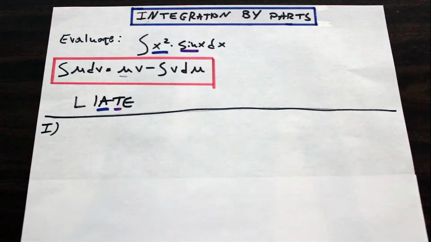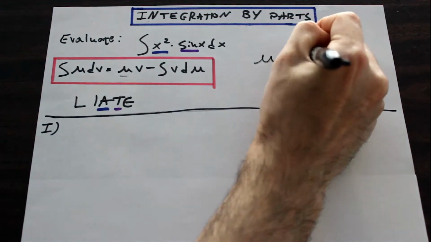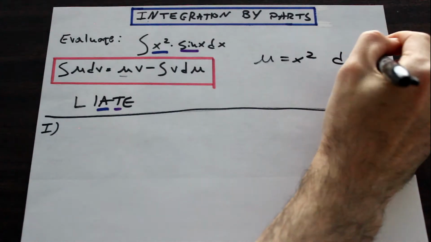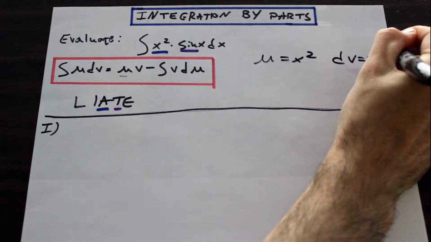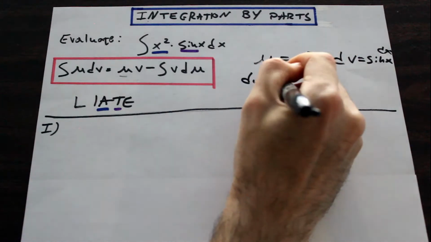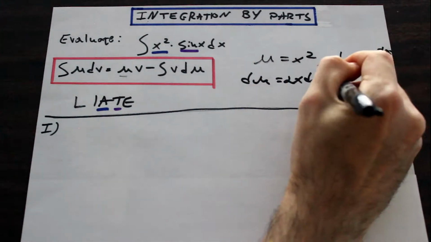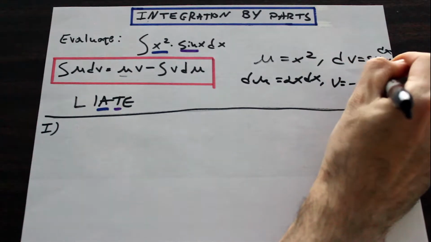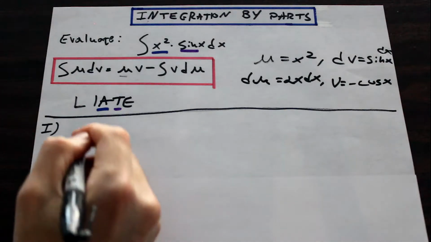So our u is going to be x squared. Our dv is going to be sine x dx. Our du is going to be 2x dx, and our v is going to be negative cos x. And with that we can go on our way.